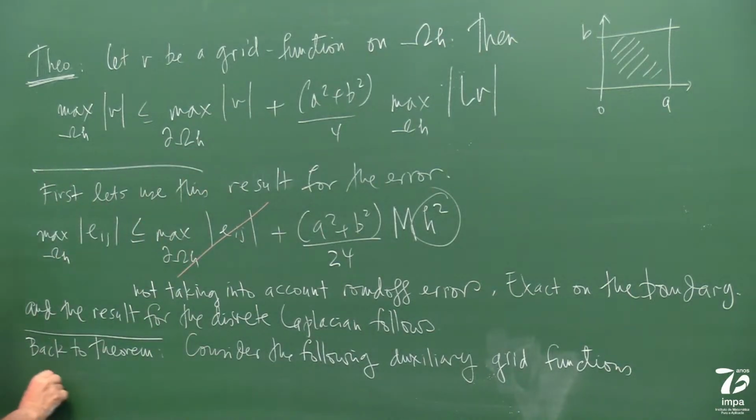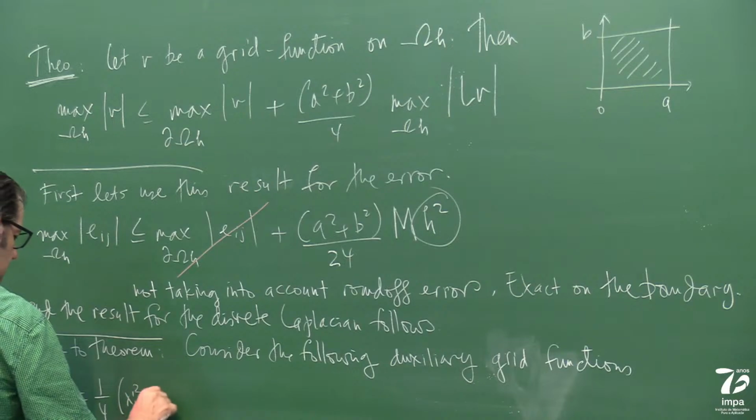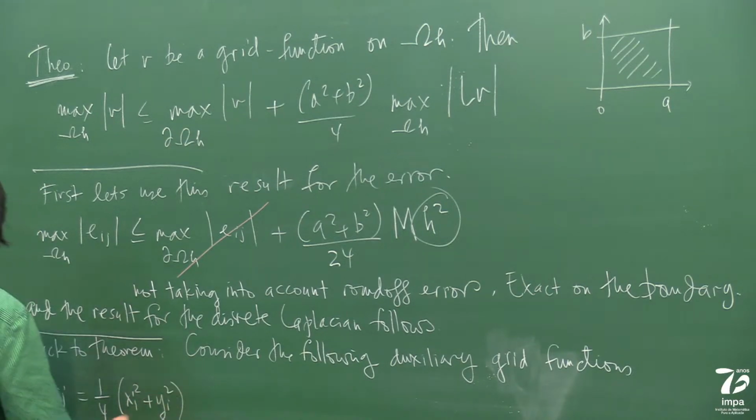So the first one is this one, phi, which will satisfy Poisson's equation in a useful way and has properties that we need.